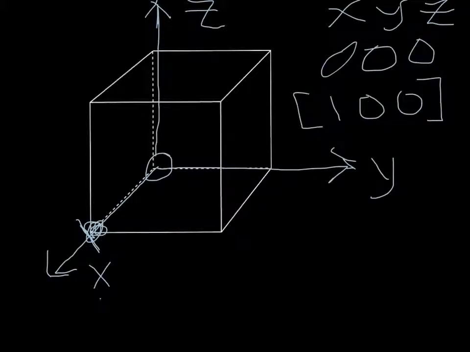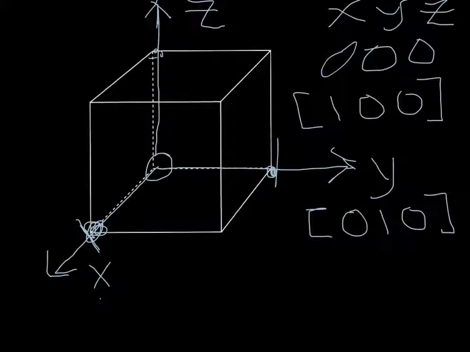And if you were perhaps to want to identify the corner of the cube in the Y direction, this particular point right here, you would put a direction indicating 0, 1, 0. And then the same would apply for a direction point in the Z direction. It would correspond to point location 0, 0, 1.